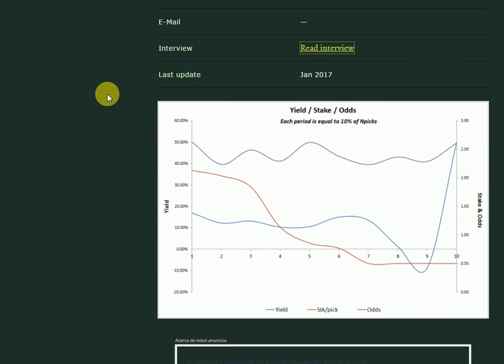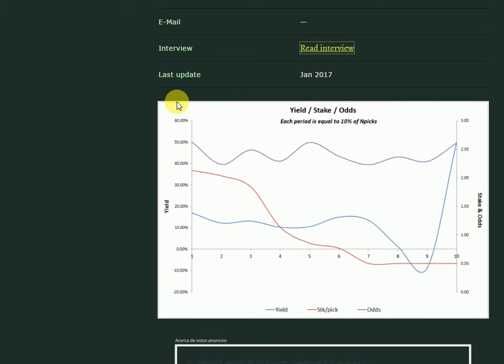And finally we have here a plot. This graph basically represents, in the x-axis, 10 blocks. Each of them represents 10% of the number of picks, and it is a way to easily visualize the evolution by looking at the yield, stake, and odds.